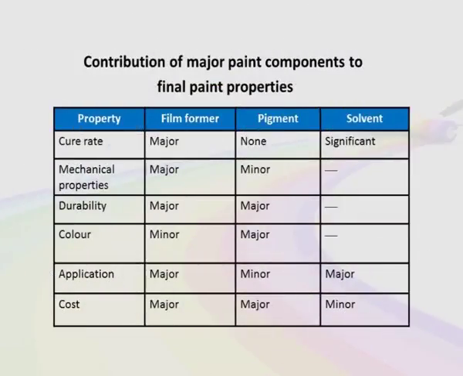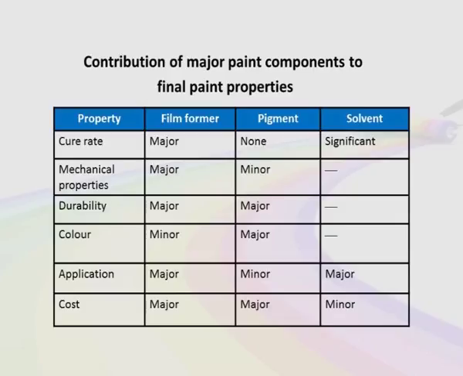Now, we can see the contribution of major paint components to final paint properties. Here we can see vehicle or film former. This is the major contributor as far as the convenience of application of a paint is concerned.